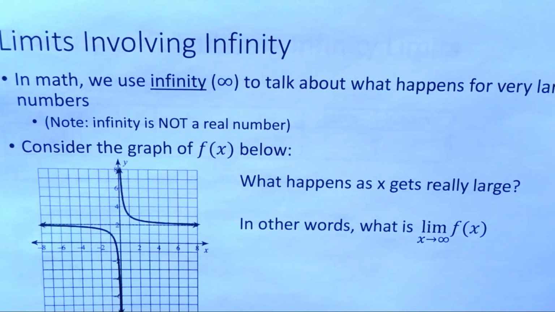So when we look at this graph right here, think about it. Before I go over it, where would x going to infinity be on this graph? Also think about where x going to negative infinity would be on this graph.